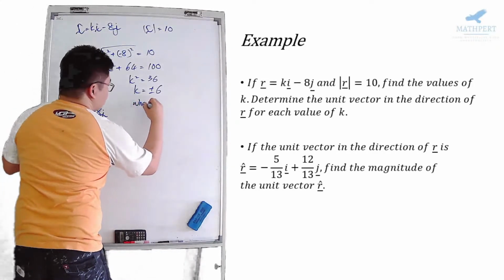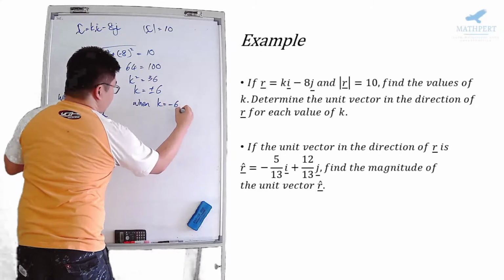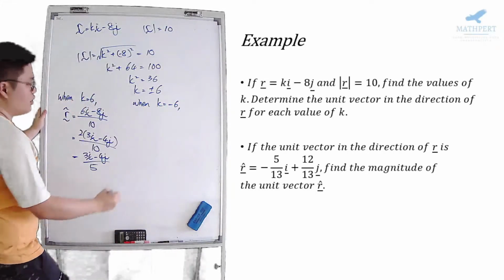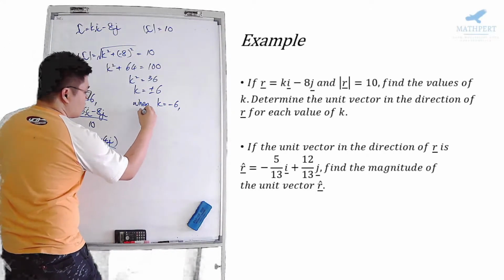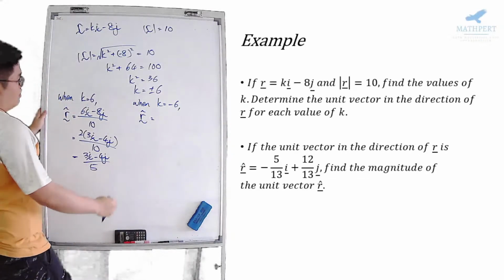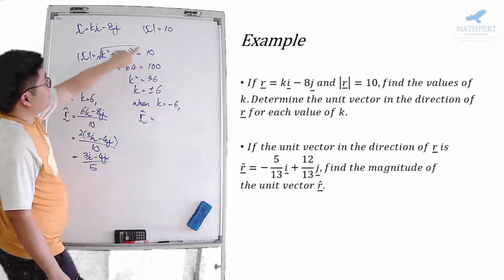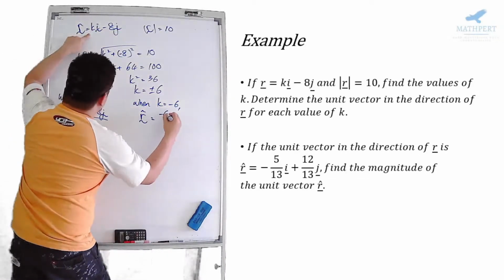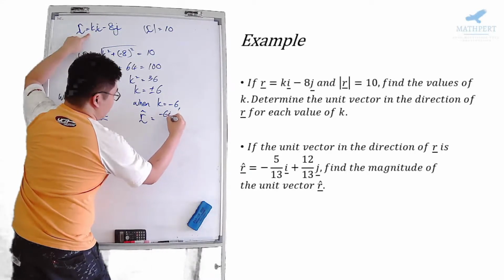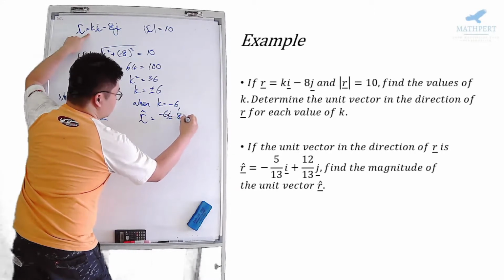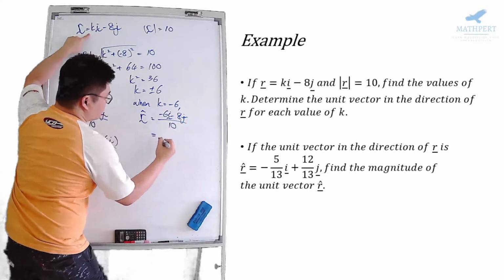When k equals negative 6, the unit vector will be equal to, substituting negative 6 into k, negative 6i minus 8j over 10.